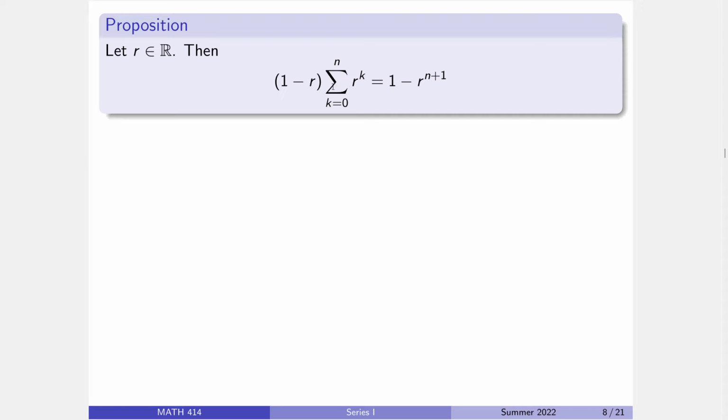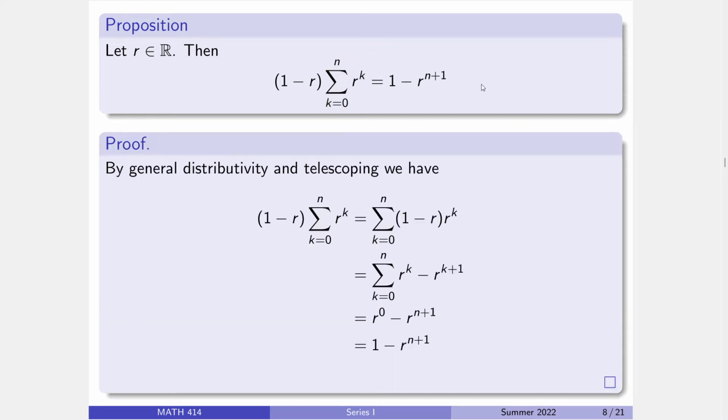Probably the way you were shown was, you just multiply this across, and then you get this, and the r gets there, and then stuff cancels. But really, what's going on is telescoping.